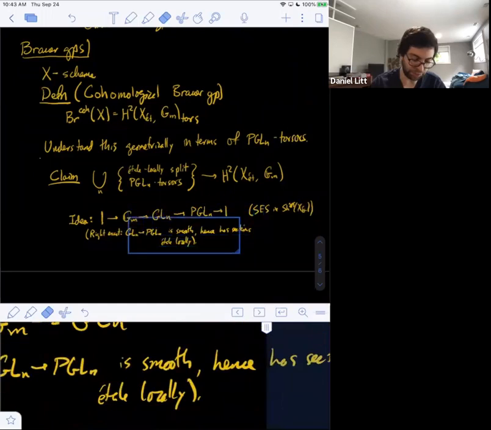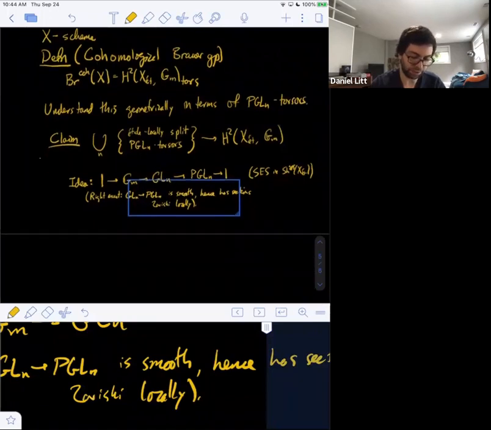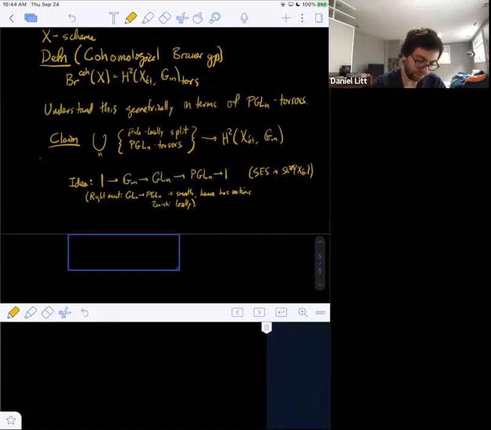So what do we know about GM torsors? Okay, GM torsors are Zariski locally trivial. So in fact, this sequence is actually exact in the Zariski topology. Okay, so in particular in the Etale topology.